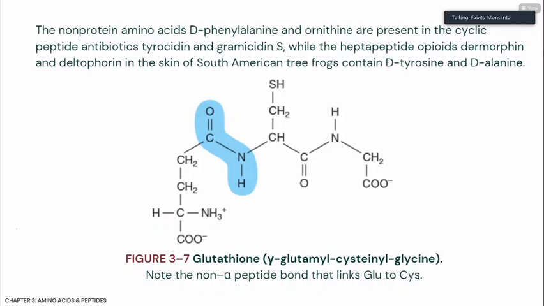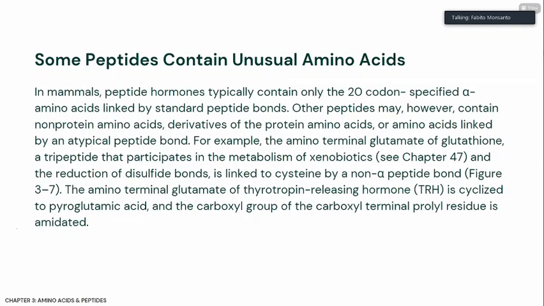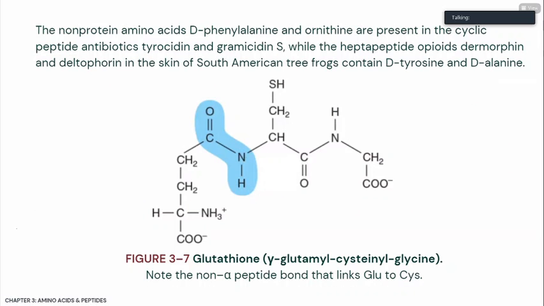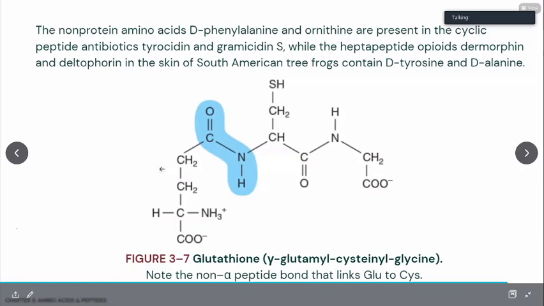So you have here your glutamine. Now this one is a gamma glutamyl. Now there is a gamma carboxyl group. This carboxyl group here, this is the gamma carbon. That is the alpha, beta, gamma carbon.